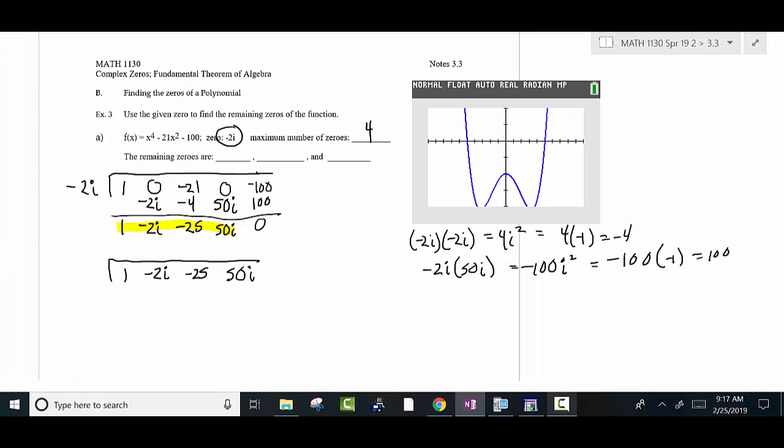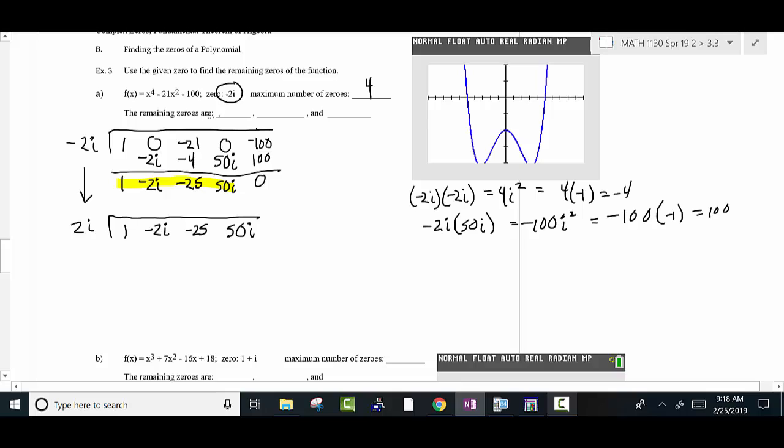What is it? x plus 2i. 2i. Don't look at my graph. Okay, 2i. Let's pretend like the graph's not there. You can tell what the other two zeros are there. But 2i, okay, by the complex conjugates theorem. Let's go that way. So far, one of our remaining zeros is 2i. We know that because of the complex conjugates theorem.